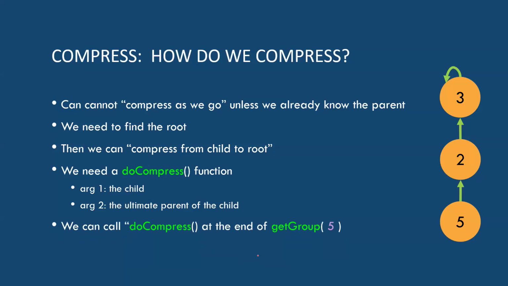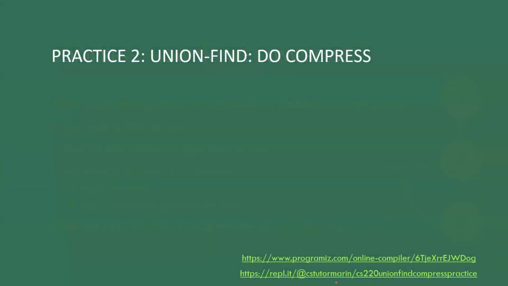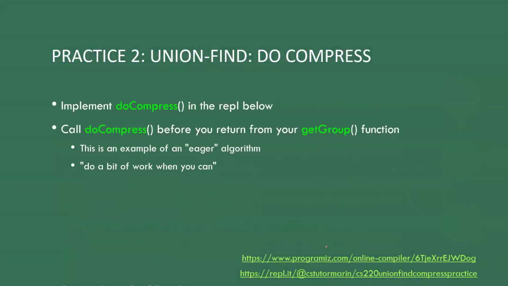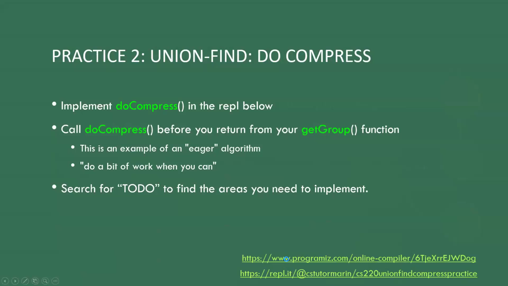So we will call do compress at the bottom of our get group method after we know what the parent is. Let's hop in there and see if we can finish the do compress real quick.